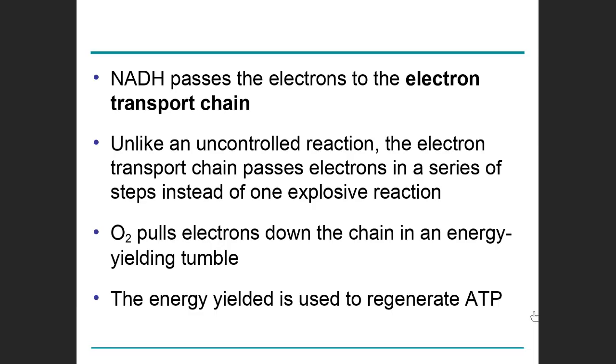As they drop down to another shell, they lose energy, they have lower energy. And so when it comes to using these electrons and the stored energy in the electrons, it's going to be released in a stepwise fashion with little bitty amounts of energy actually released.